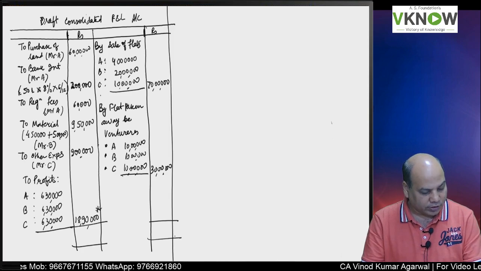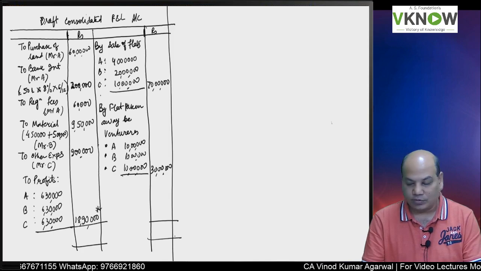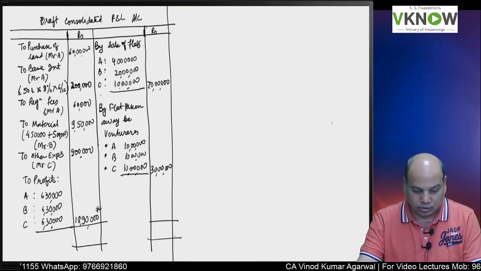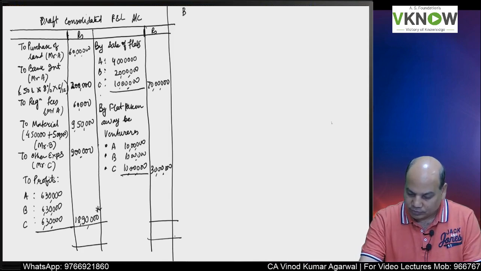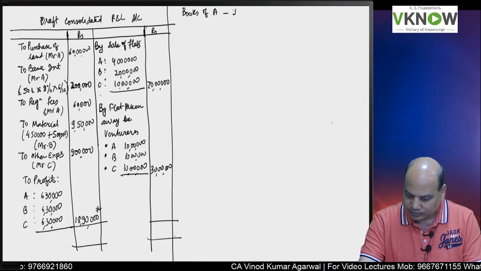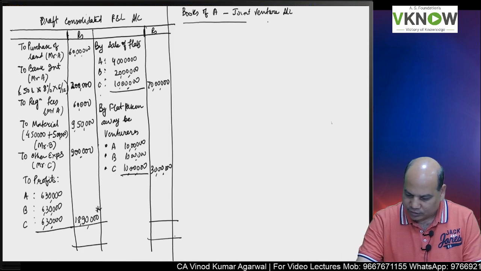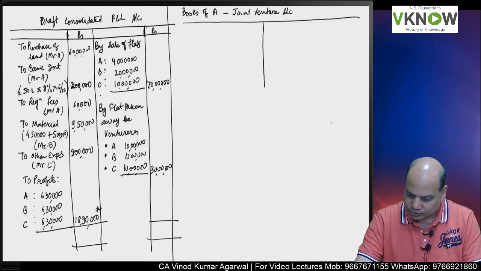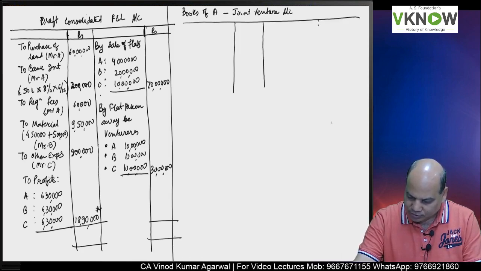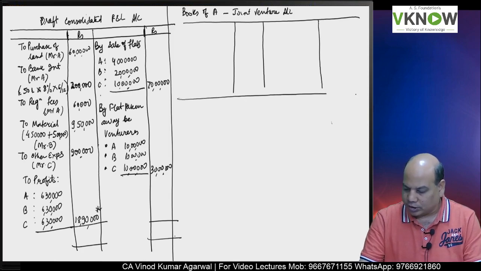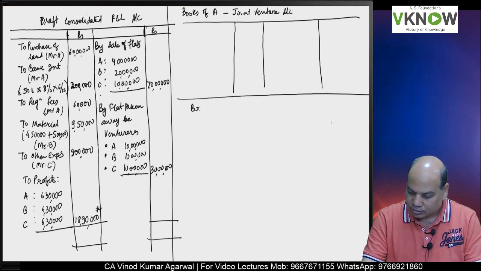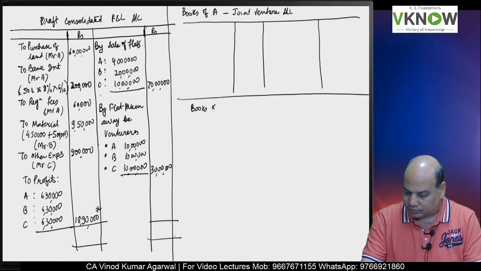Now the next question is, prepare joint venture account in the books of each venturer. So we'll prepare books of A. Joint venture account. Whatever transaction they have entered into with respect to joint venture, they are going to record it. So first you draw the three formats.